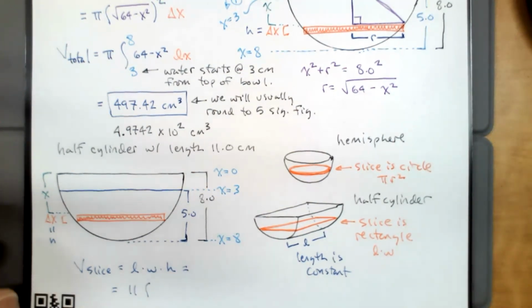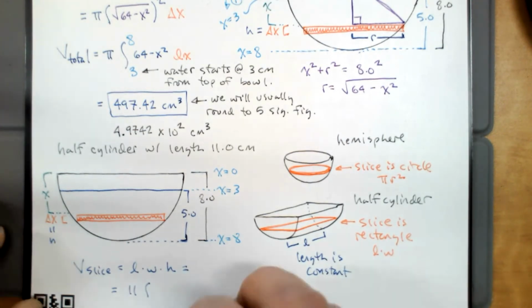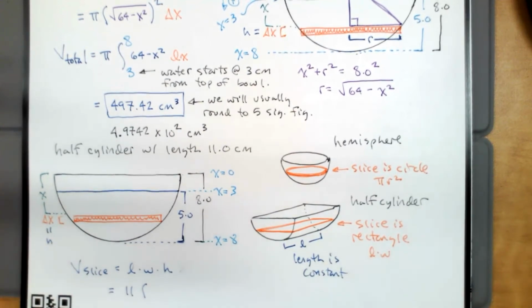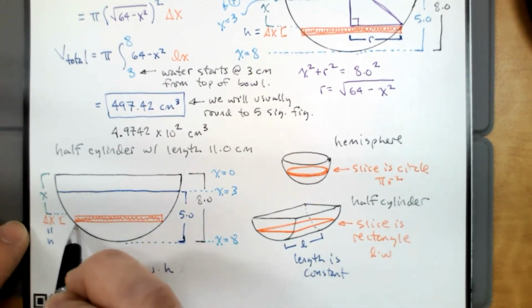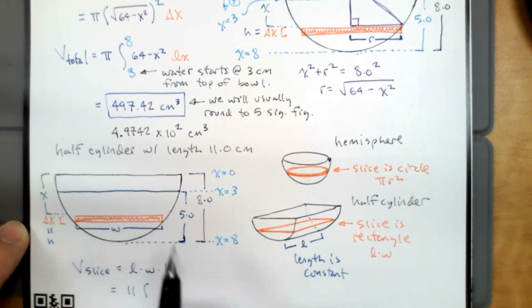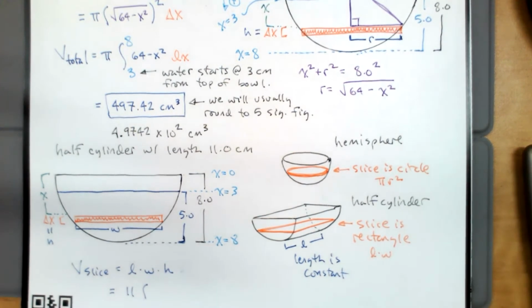Our width, we're going to need an expression for. And our height is going to be the delta X. I forgot to label the width.